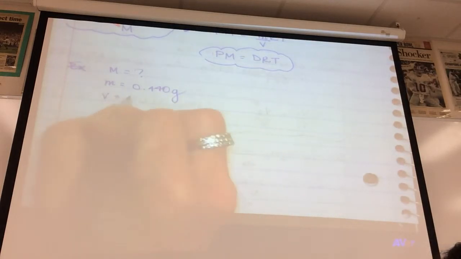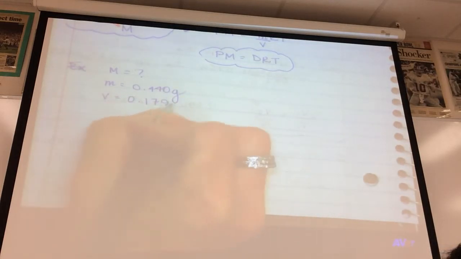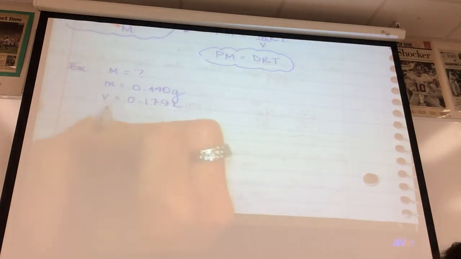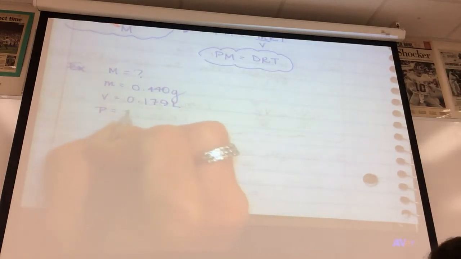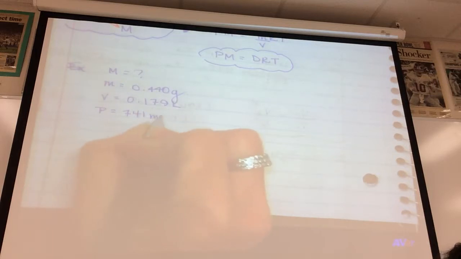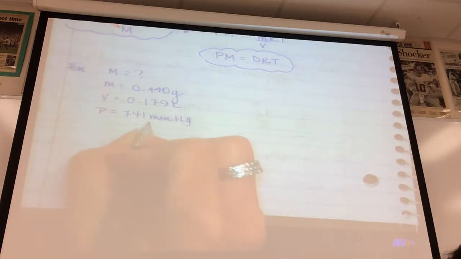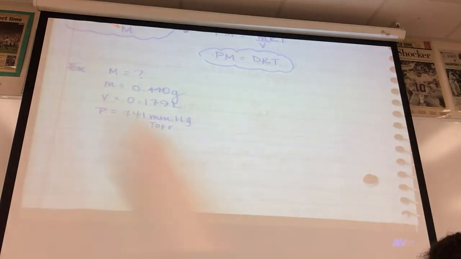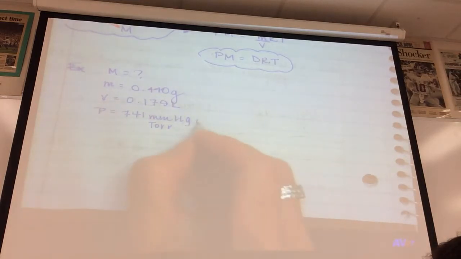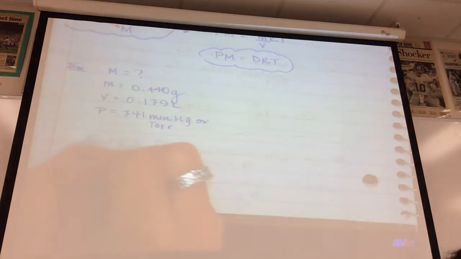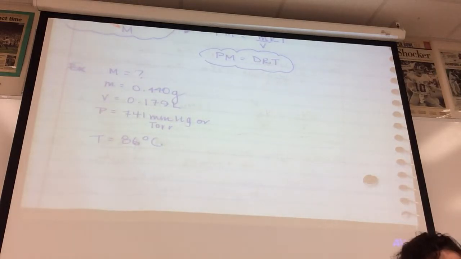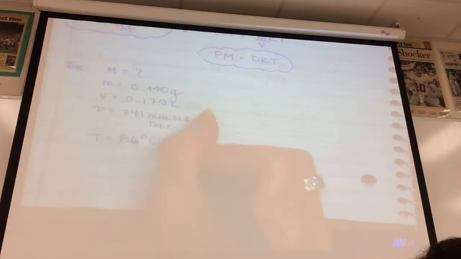The volume in liters, moving the decimal 3 to the left. The pressure in millimeters of mercury, which is the same conversion to torr. And the temperature is 86 degrees Celsius, which I'm going to put in Kelvin by adding what? 273.